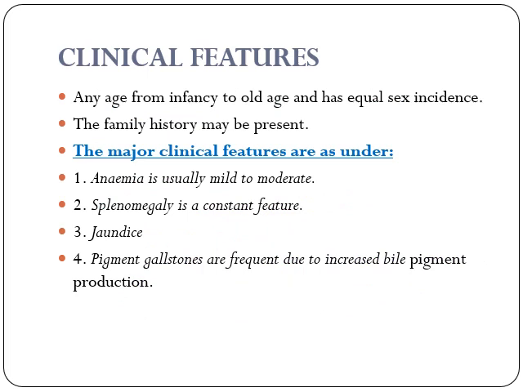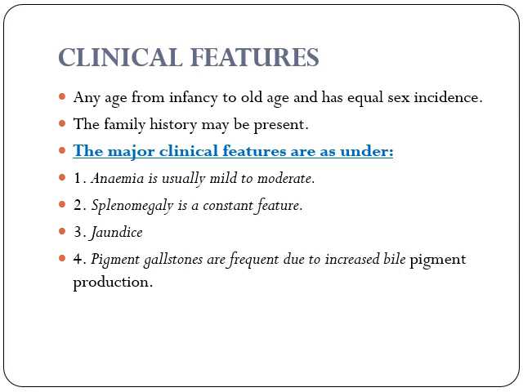Talking about the clinical features, they can present at any age, starting from infancy to older age, but more commonly seen in the younger age groups, and have an equal sex incidence. The family history may be present. Now, what are the common clinical features with which the patient is coming?